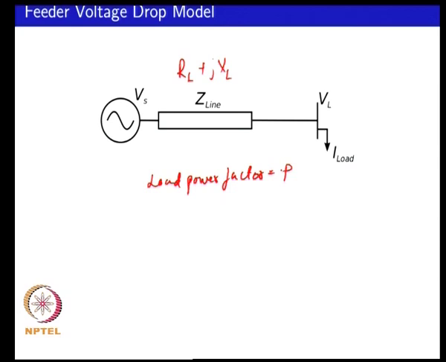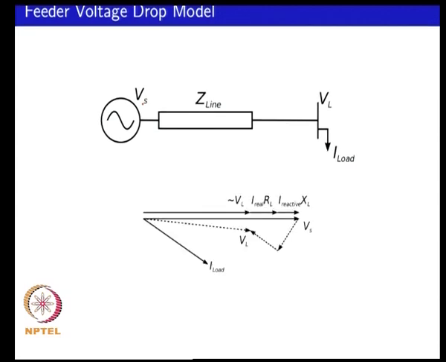So, we would be able to estimate what the resistance of the line is and what the reactance of the line is. We saw in the exercise where we looked at calculating the X by R ratios of your line how to estimate these parameters. Once you know the resistance and reactance, you could then get the voltage that you would see at the load if you have the source at a given voltage amplitude. You can then calculate what the regulation is.